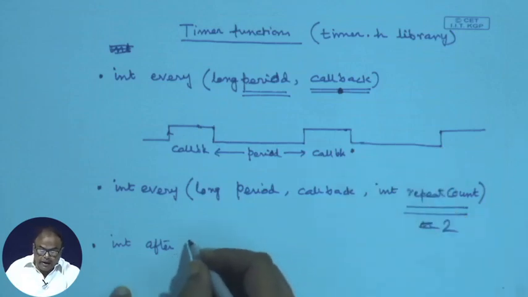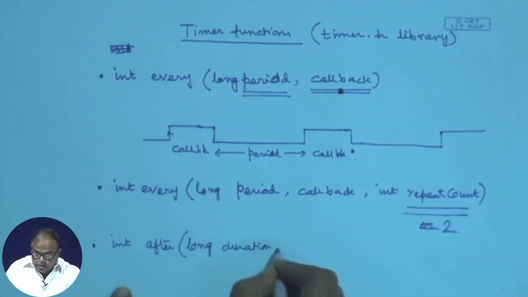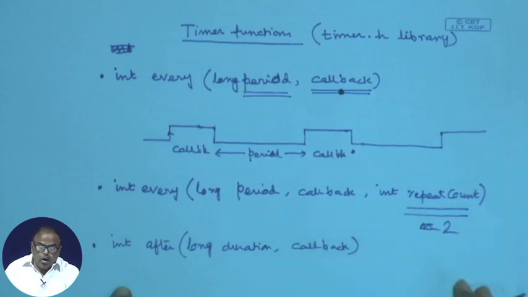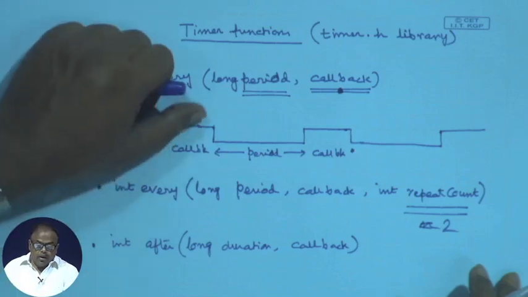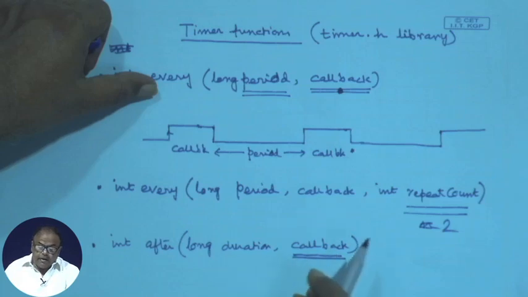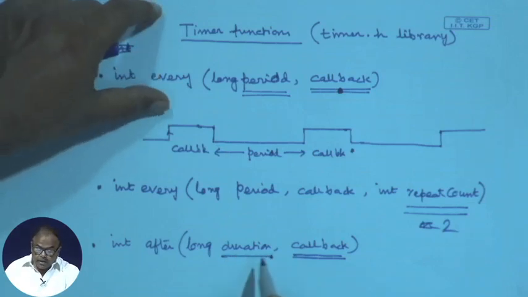Now, if I say int after, long duration, callback, this callback is activated once after so much duration, so many milliseconds, and returns the ID of the timer event.